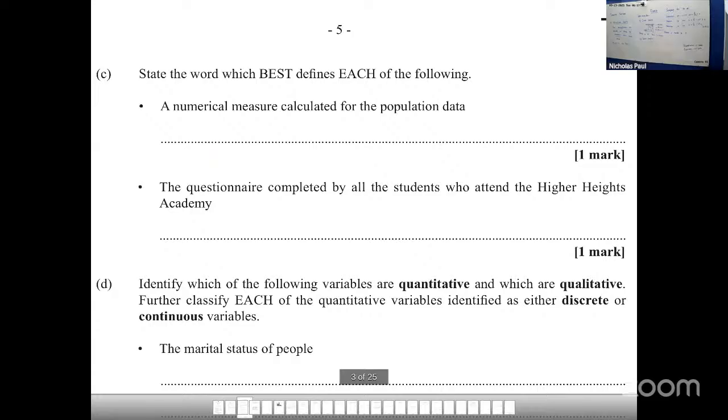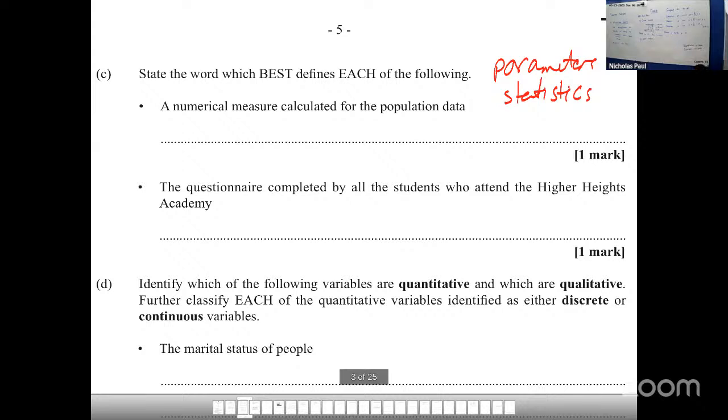C. State the word that will best define each of the following. A numerical measure calculated from population data. So you have 2 words that we have to learn about: parameters and statistics.